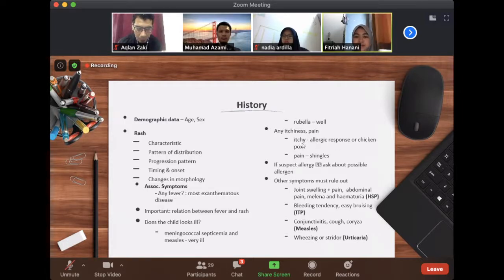We also need to ask the patient if there are any triggering factors for the rash. It is common in atopic dermatitis. However, we must also rule out other systems by asking about symptoms that are commonly found with rash. When the patient has joint swelling and pain, abdominal pain or hematuria, we must suspect the patient might have HSP.